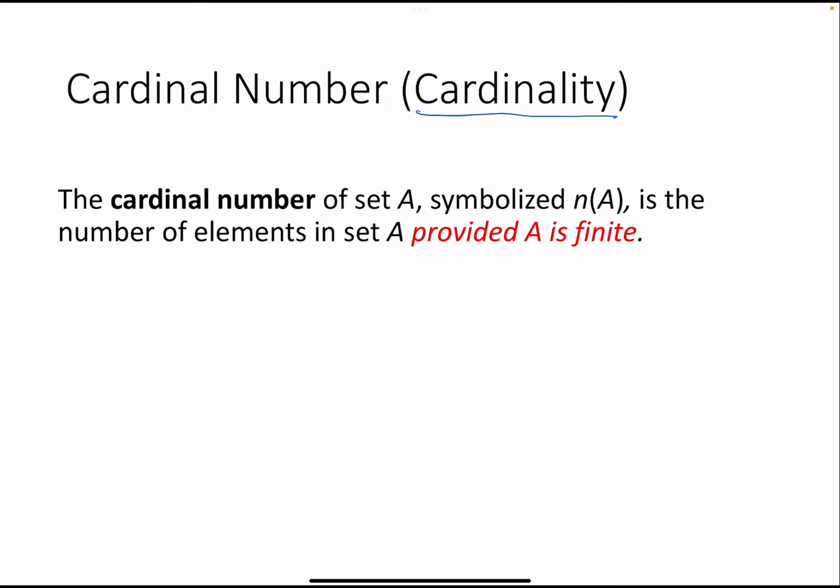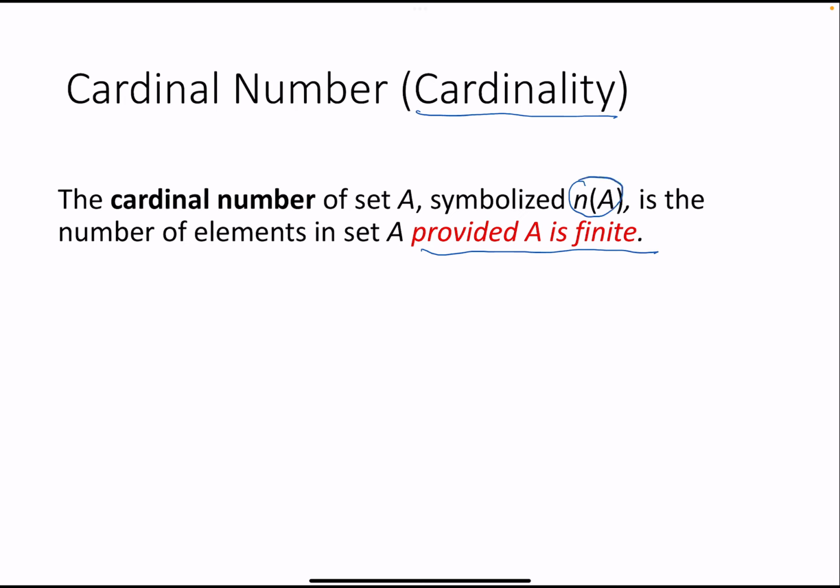So what is the cardinal number, or sometimes called cardinality, of a set? Okay, so this is actually a rather advanced concept. But if a set A is finite, then we can easily define the cardinal number of the set A as the number of elements in the set. So that's very simple.